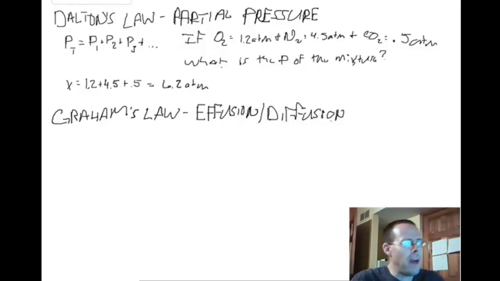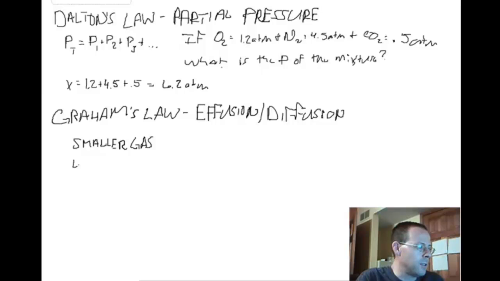So why do gases diffuse quickly or slowly? This essentially boils down to this point: the smaller the gas, and by smaller we mean little molar masses, the masses we get from the periodic table, the faster the mover.